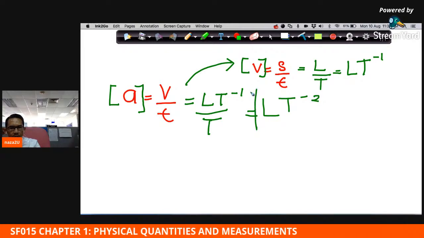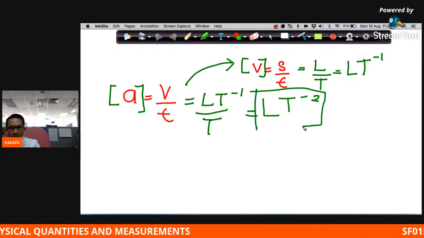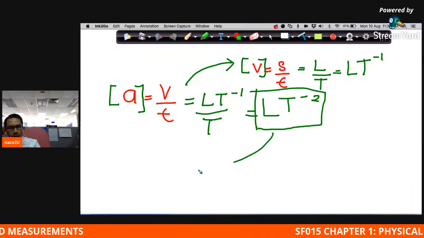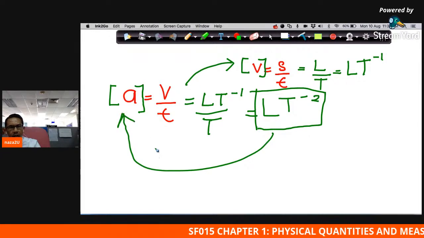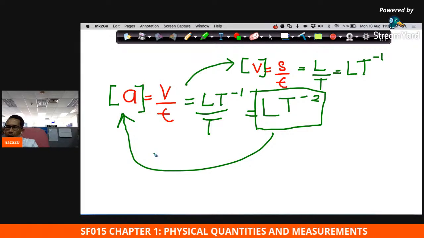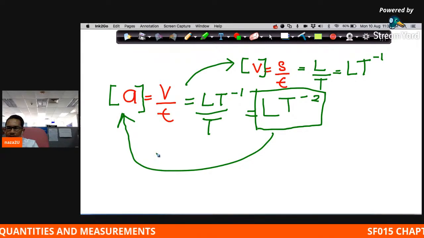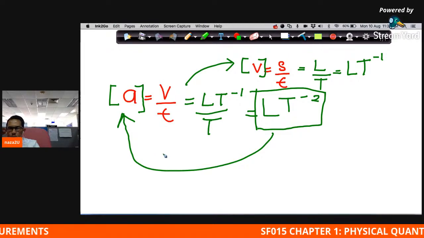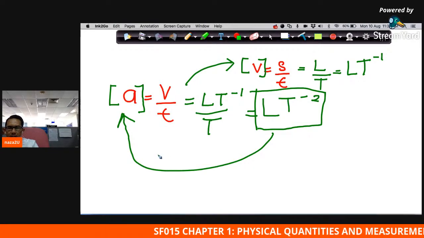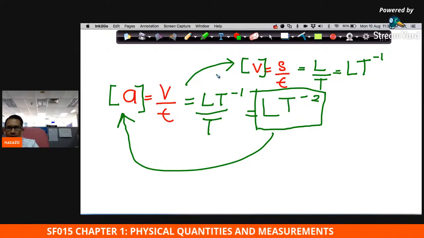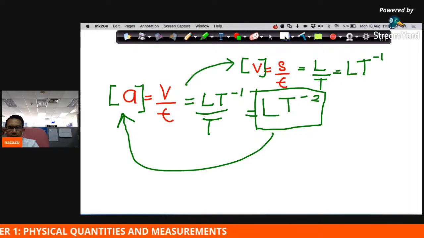So this is how you find the dimension of the acceleration A. Okay, class, this is the basic process that you can use to find the dimension. So let's go to the next example.